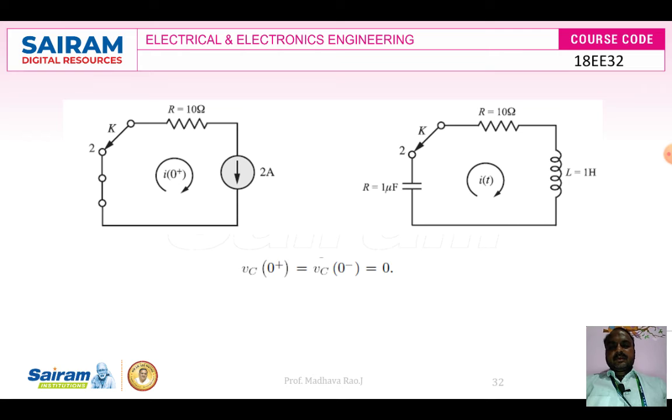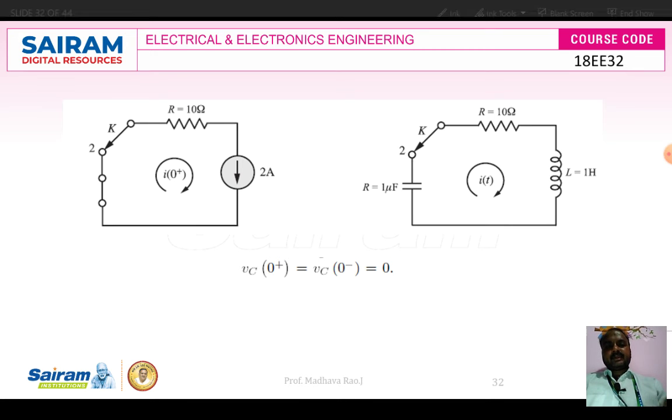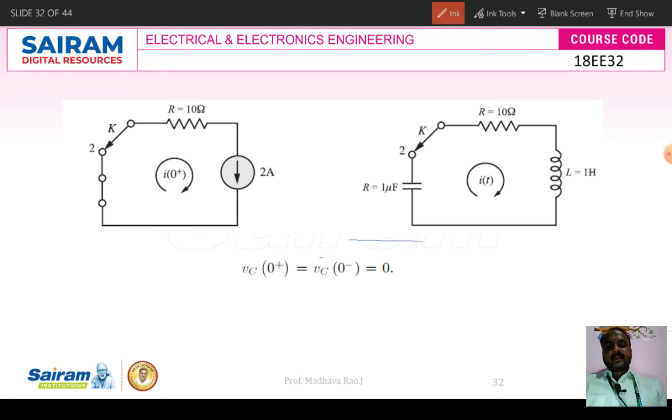The inductor current is 2 amperes, and at t is equal to 0 plus the capacitor acts as a short circuit. When it is a short circuit, the voltage across the capacitor will be 0. This is a very important relation that we have to remember.